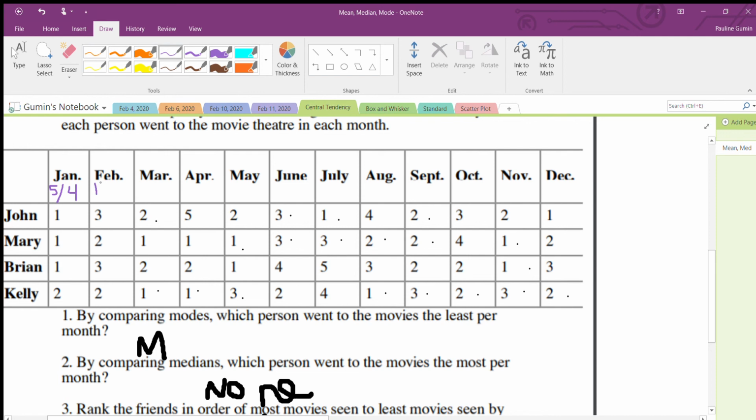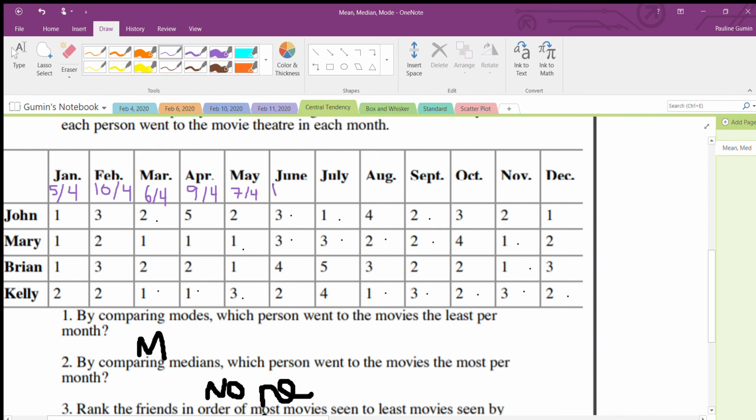So, 10 out of 4. March. That would be 6 out of 4. April is 6 plus 3, 9 out of 4. May is 7 out of 4. June is 6, 10, 12 out of 4.